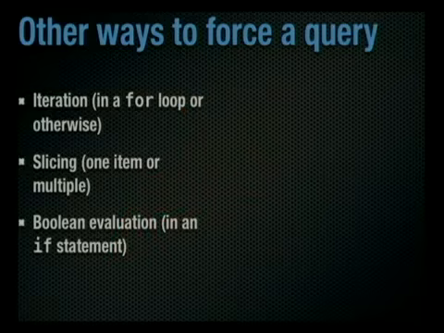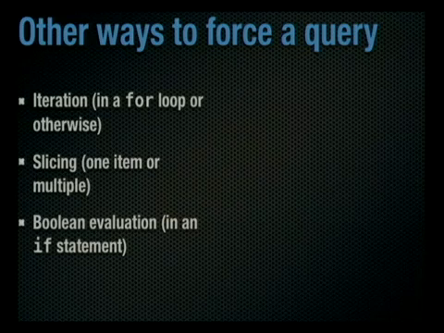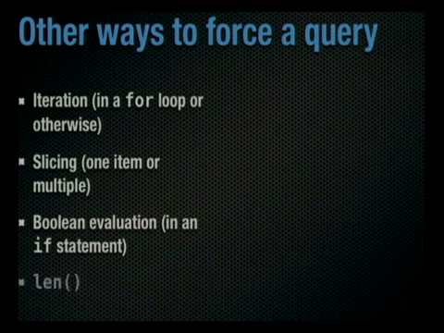If you do Boolean evaluation of a query set, Django will evaluate the query to find out whether it's true or not. A query set is true if there are any results that it returns. It is false if there are no results that it returns.